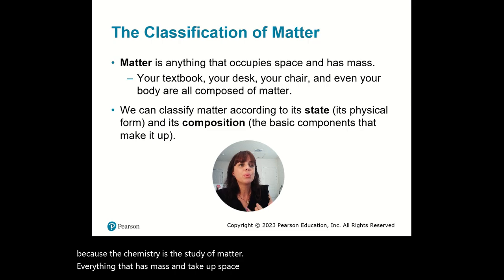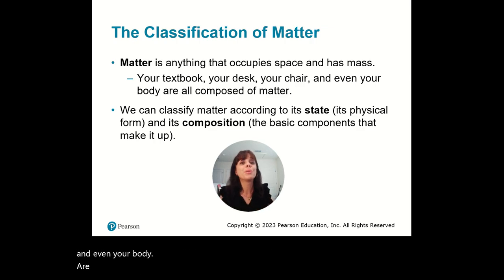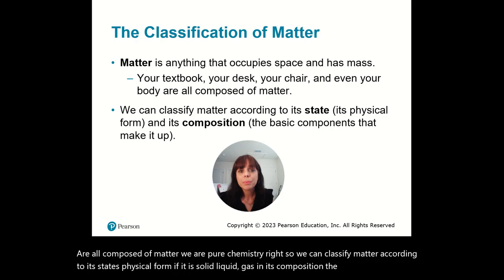Your textbook, your desk, your chair, and even your body are all composed of matter. We are pure chemistry, all right? So we can classify matter according to its physical form, whether it is solid, liquid, or gas, and its composition, the basic components that make it up.